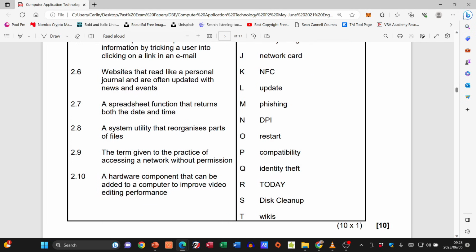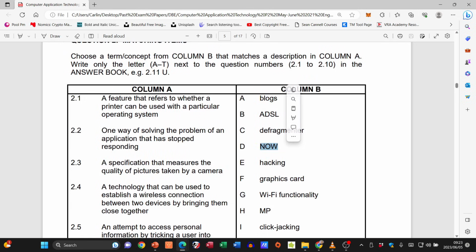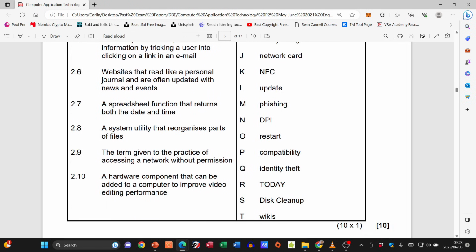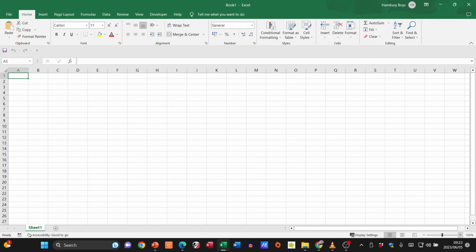Okay. 2.7. A spreadsheet function that returns both the date and time. I see them here. Remember I said this was an Excel function. So we've got NOW and we've got TODAY. So what's the difference? Well, let's go and see so you can check it out for yourself.